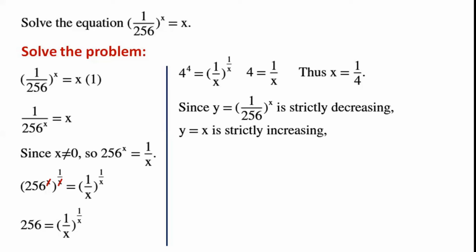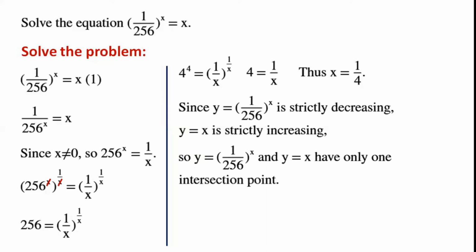Since y equals (1/256)^x is strictly decreasing, and y equals x is strictly increasing, y equals (1/256)^x and y equals x have only one intersection point.